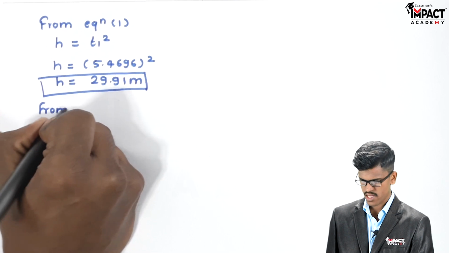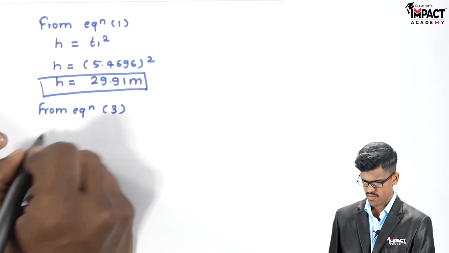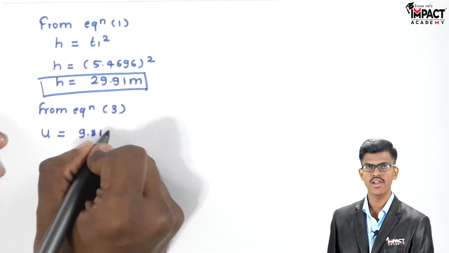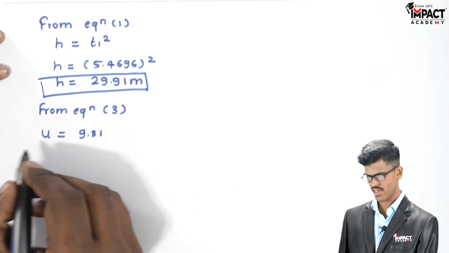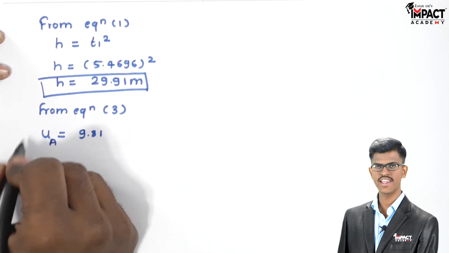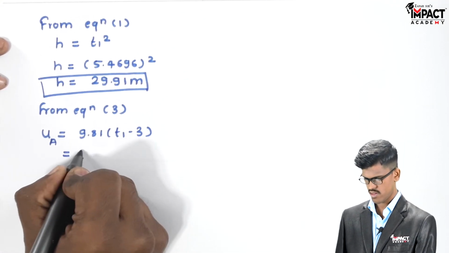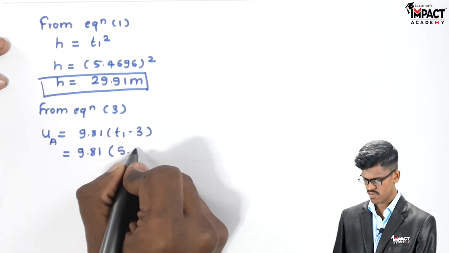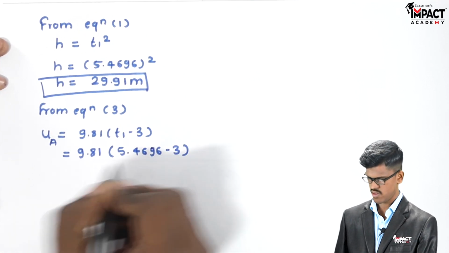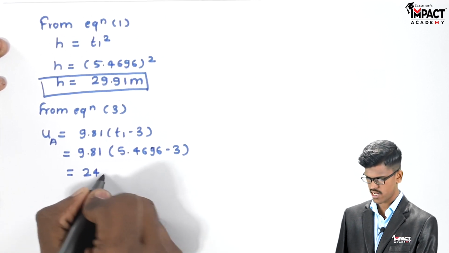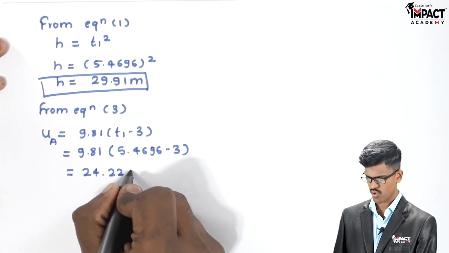From equation 3, u is equal to 9.81 into t1 minus 3. From equation 3, we get the value of the initial velocity of the stone. We get the initial velocity of stone A, that is 24.22 meter per second.